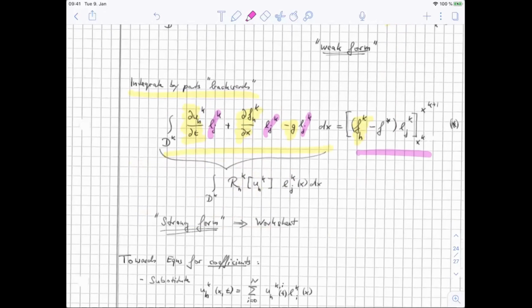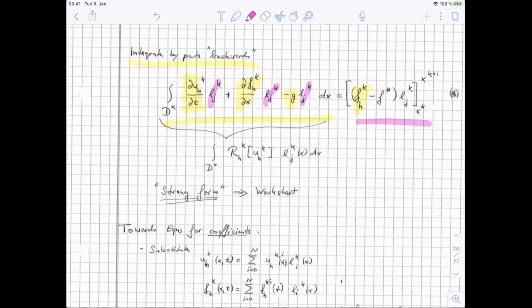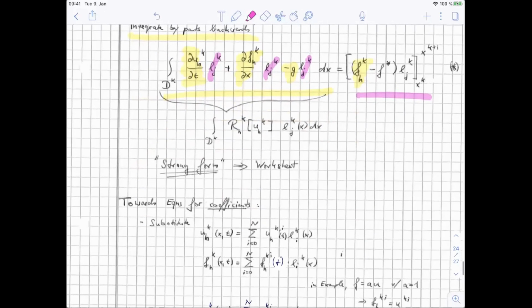Okay, so this all looks really crazy so far. However, what one does now is one substitutes in the actual expansion for the discretized functions.